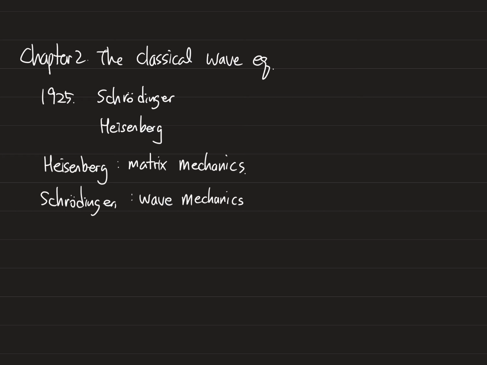Schrödinger was trying to find a wave equation that would govern the wave-like behavior of matter. To do this, he turned to a very familiar classical equation that describes the motion of a wave. This is a partial differential equation, and he tried to solve it to understand the motion of the wave.